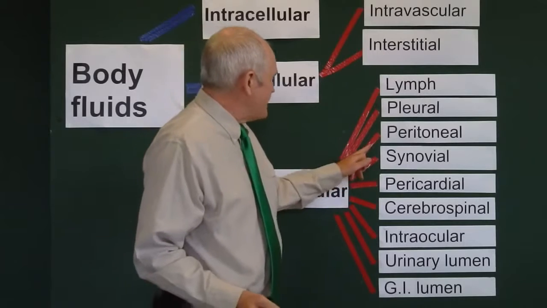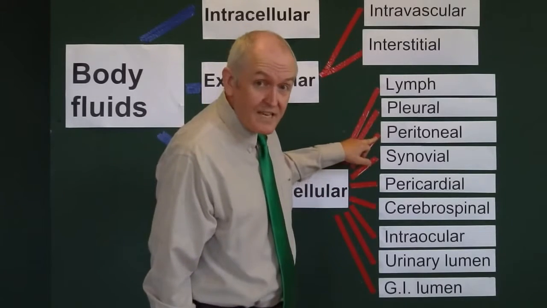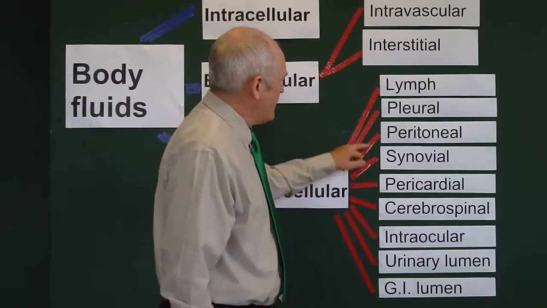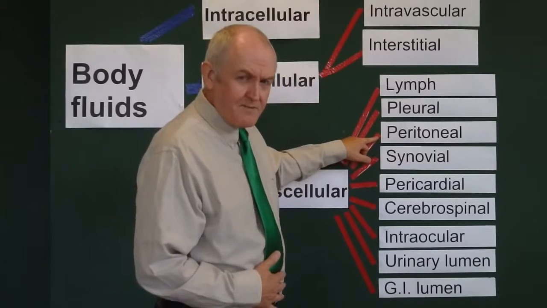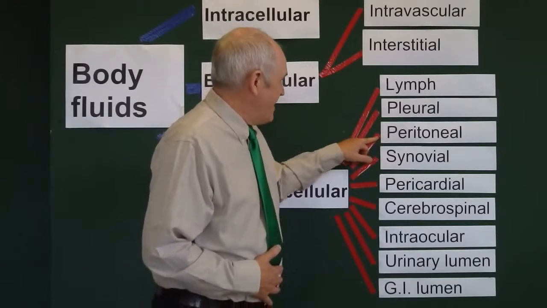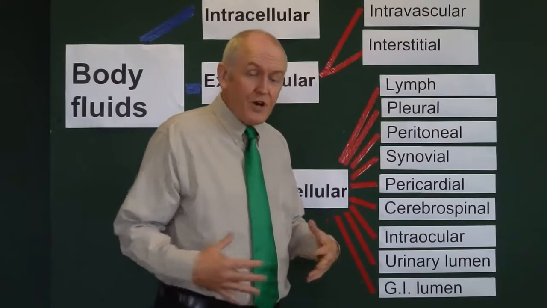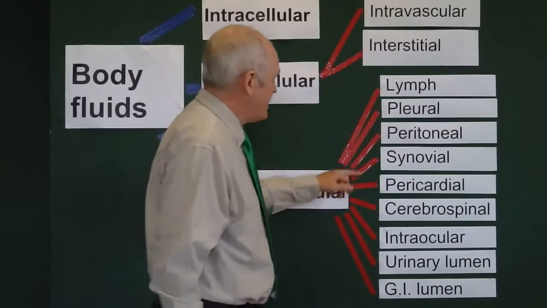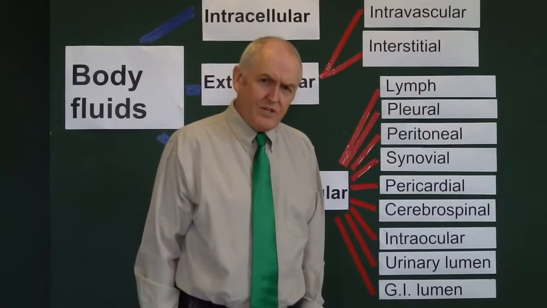Another potential space is between not the pleural membranes, but the peritoneal membranes in the abdominal cavity. What do we call it if there's an accumulation of fluid in the abdominal cavity? You might remember that's called ascites. So there could be third spacing, the accumulation of this transcellular fluid in the peritoneal cavity, again in the pathological situation.